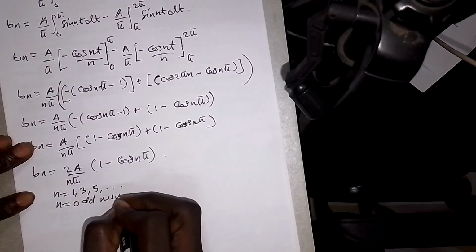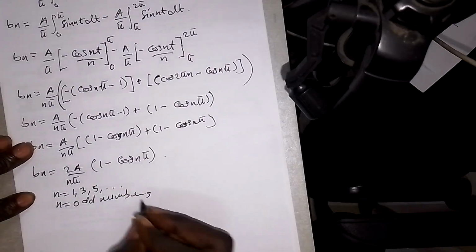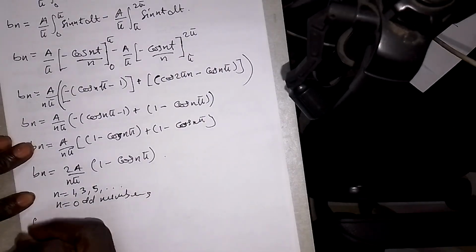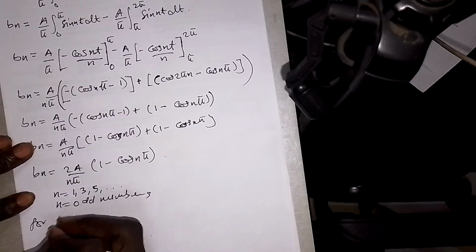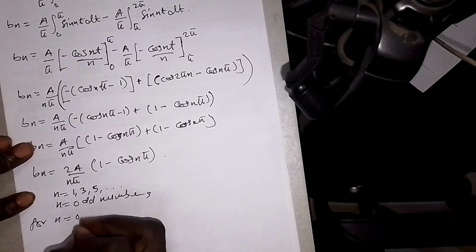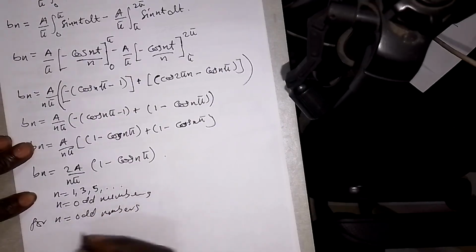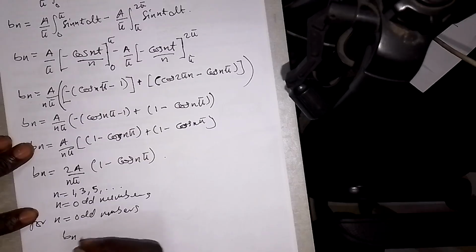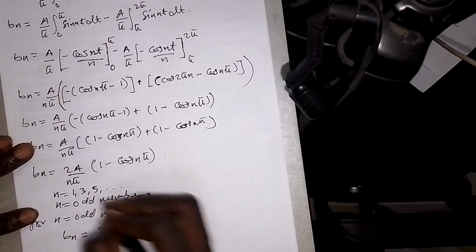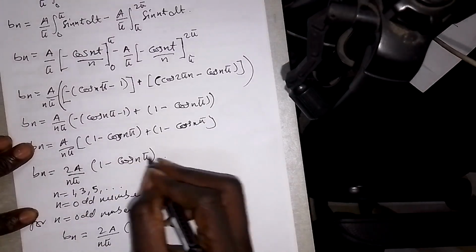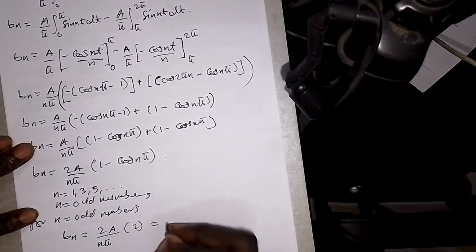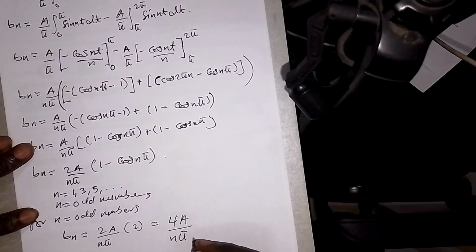For n equal to these odd numbers, Bn will be equal to 2a over n pi, multiplied by 2, because it is always 1 minus 1 times 2, which is equal to 4a over n pi.